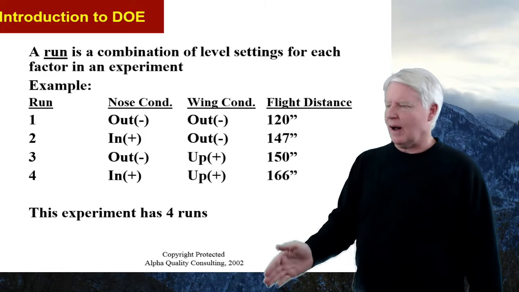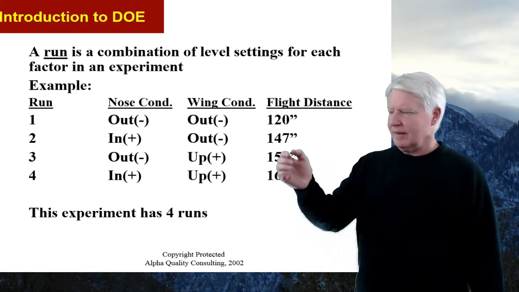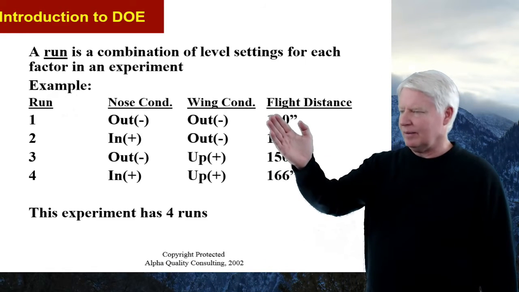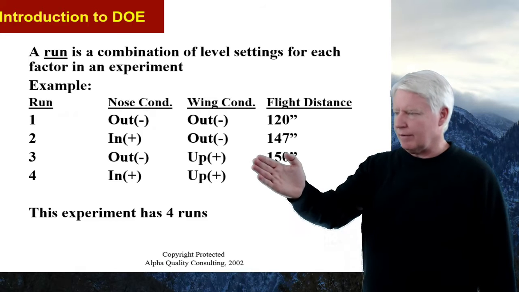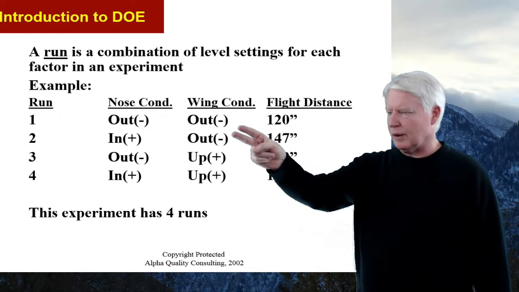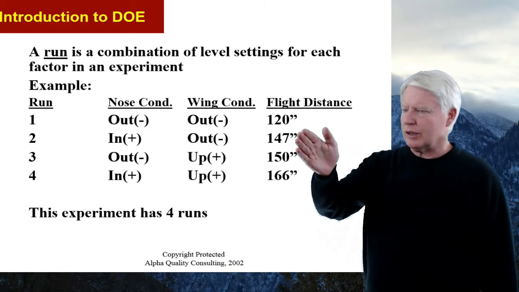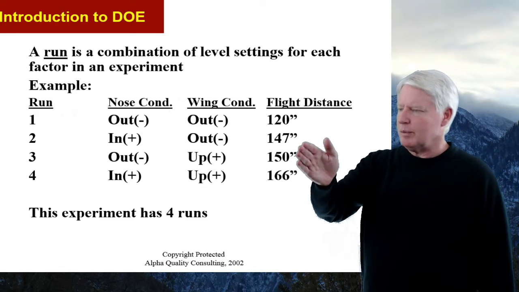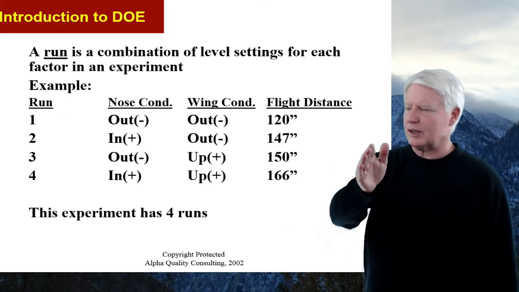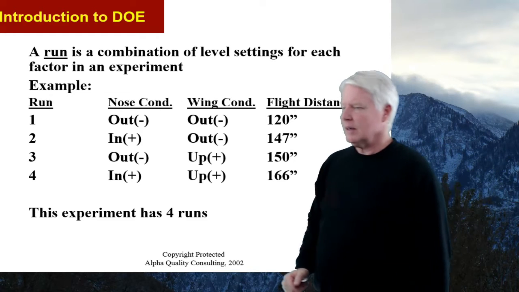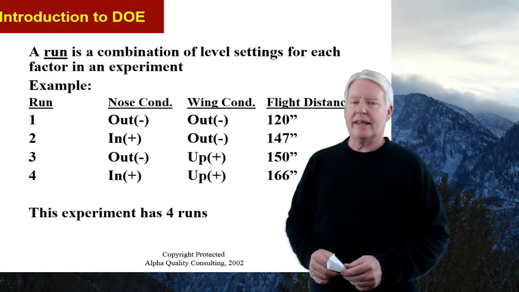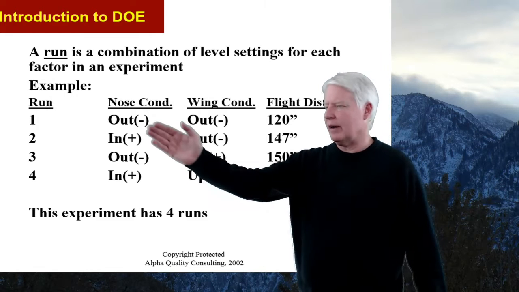If I had another column and 8 runs, I'd have four negatives, because this had 2. I double the number of negatives each time: 4 negatives, 4 positives. Next one would be 8 negatives, 8 positives, 16 negatives, 16 positives. Okay, and that's how you set those patterns up.